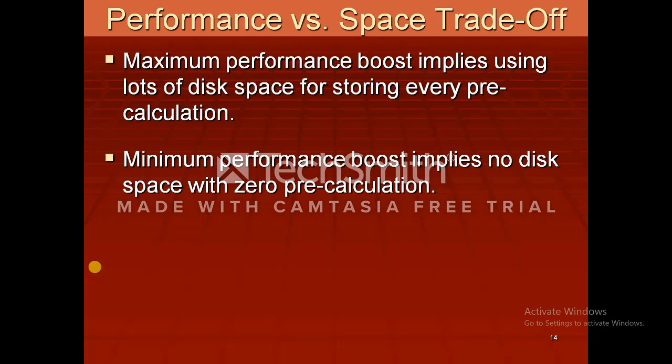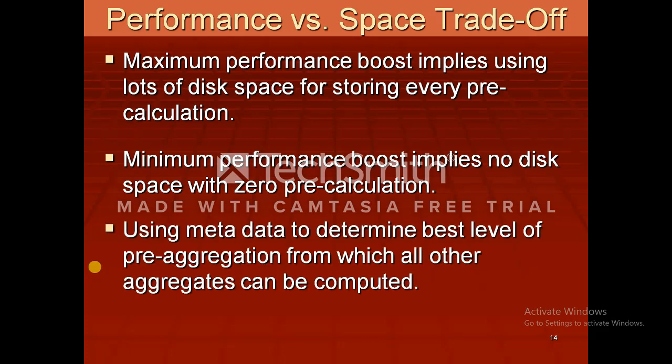And if the CEO is very lenient, and has ordered the analysis now and wants the results the next day, then we will choose performance over space. So the developer or the DBA will have to make a compromise on space or performance based upon the organization's policy. Again, using metadata to determine the best level of pre-aggregation from which all the aggregates can be computed.